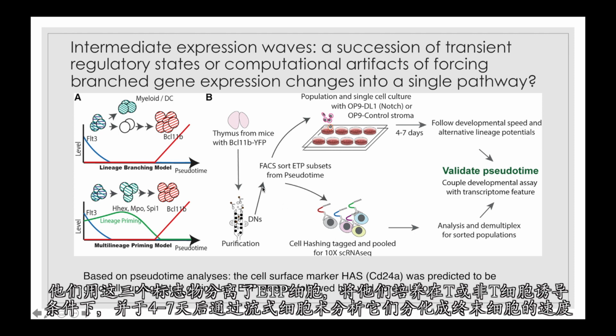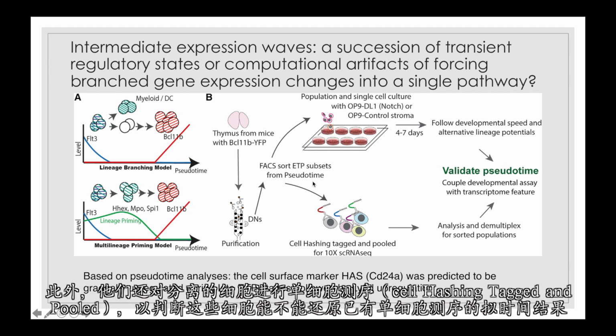So they use these three markers to isolate the cells and then culture them under T induction and non-T induction medium for 4 to 7 days. And then they sort the cells to see whether they show different speeds toward the T cell lineage. They also use the cell hashing tag and pool the 10x single cell RNA sequencing to sequence this population and see whether the cell populations marked by the three markers can recapitulate the trajectory predicted by the earlier single cell analysis.